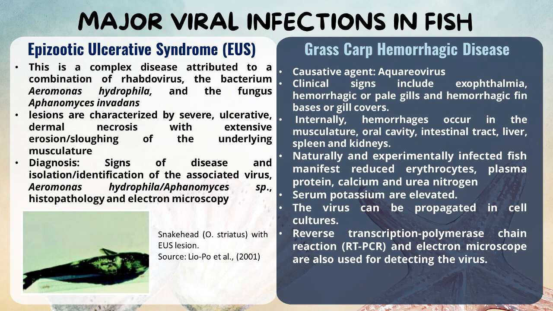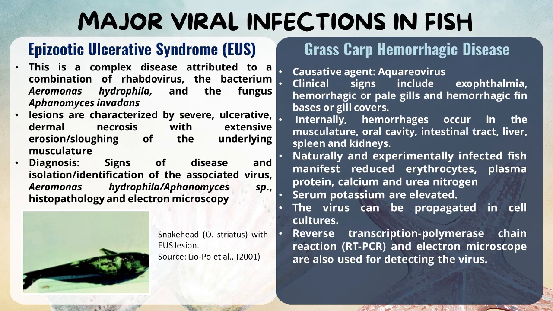Fish manifest frank ulcers consisting of eroded dermal layer exposing the underlying musculature, which may be hemorrhagic. Fish with less severe lesions exhibit scale loss with erosion of the skin surface with or without hemorrhagic signs. The histopathological profile of the disease consists of chronic necrotic and mycotic granulomatous inflammatory response. EUS is transmitted by cohabitation with diseased fish or exposure to contaminated waters.